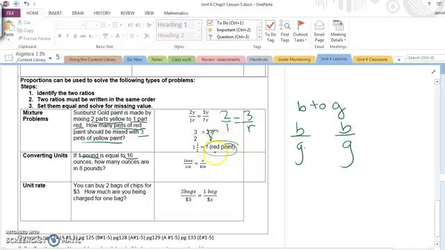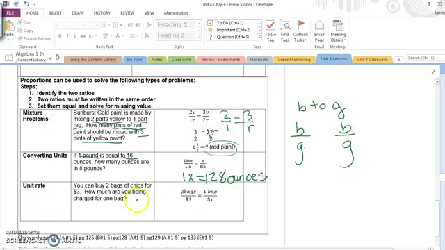Cross multiply, and we get 1x, and then we have to do 16 times 8, which is 128. So x equals 128. Remember, your x meant ounces. So for 8 pounds, there would be 128 ounces in 8 pounds.